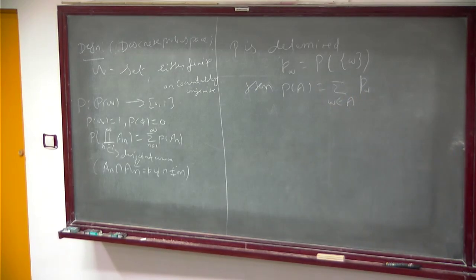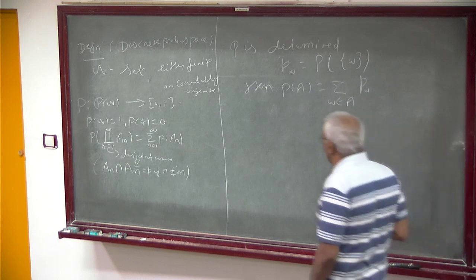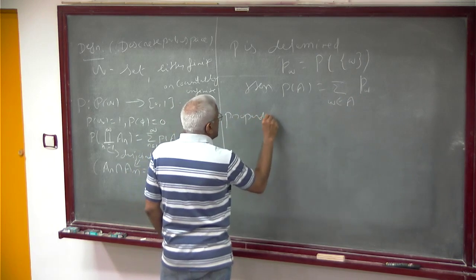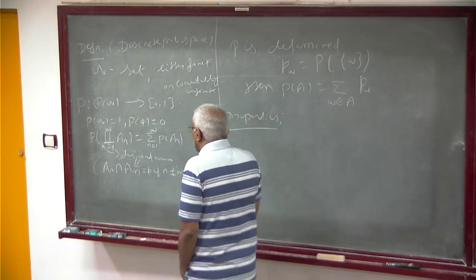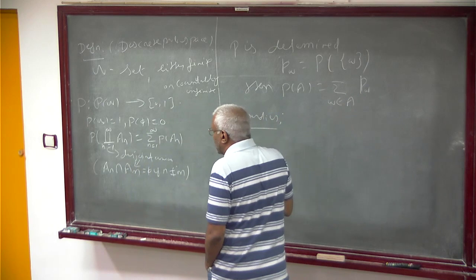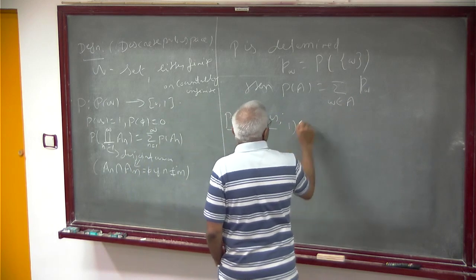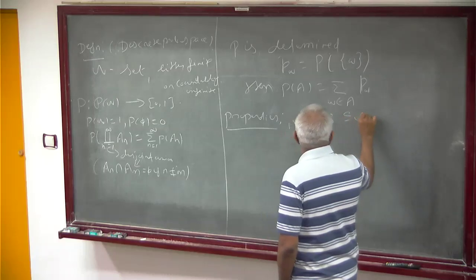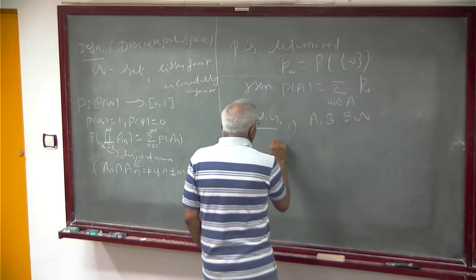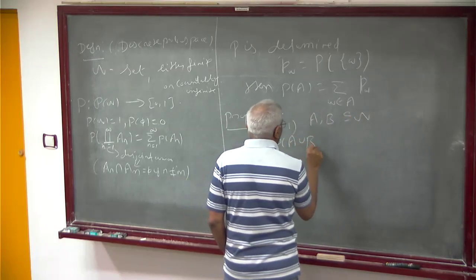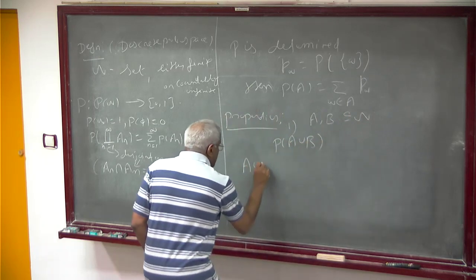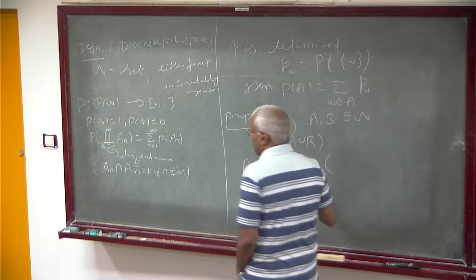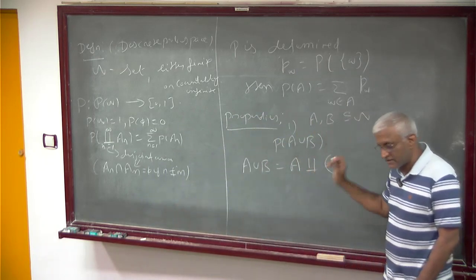Okay, so let's see some properties. Some of them we have already seen. The first one: if you have two sets A and B, then A union B equals A disjoint union (B minus A). Whenever I write this, the union is disjoint, the intersection is empty.